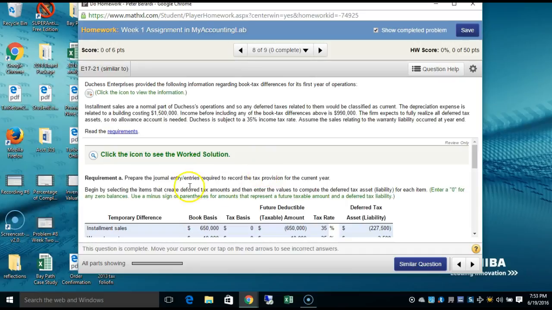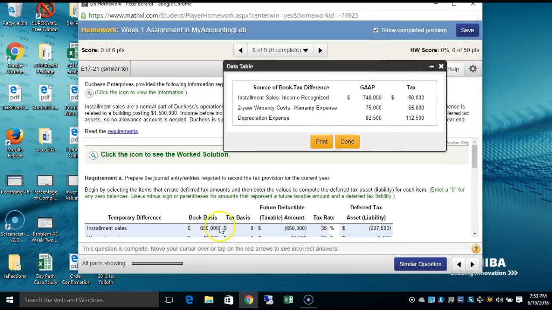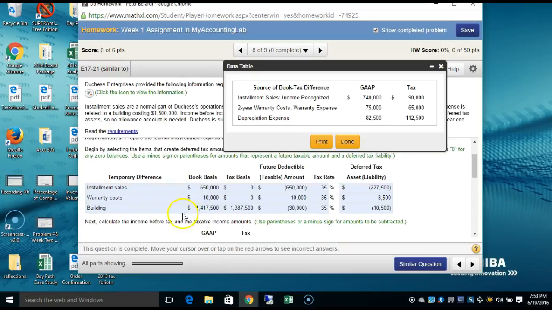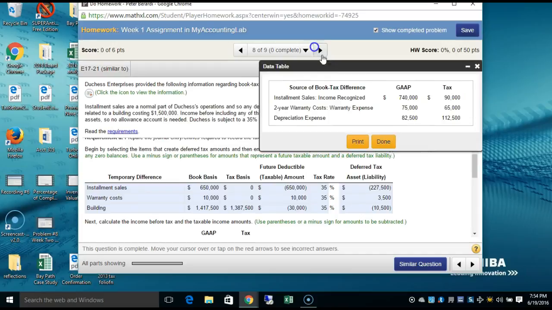So to quickly review, you take the difference between your GAAP and your tax and put it under the book basis. But on the building, you want to take the building cost of $1,500,000 and subtract the depreciation accumulated.